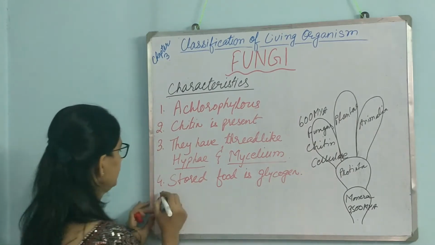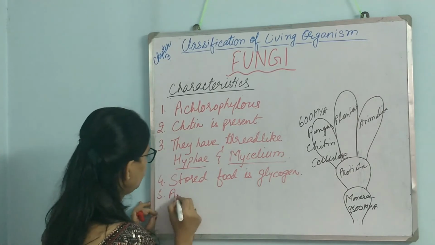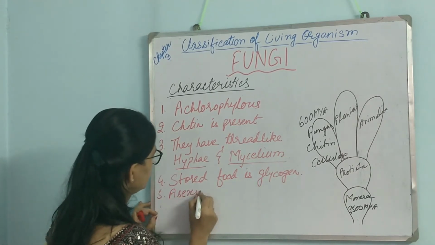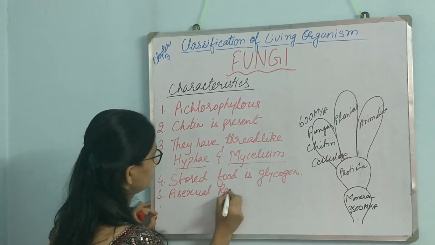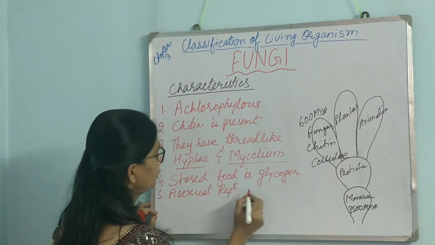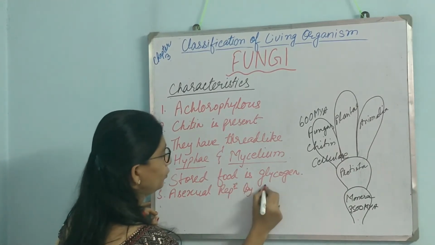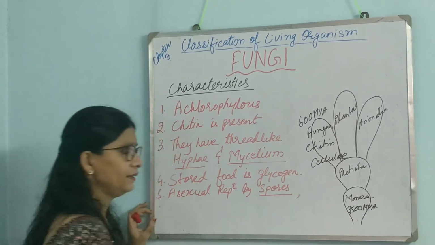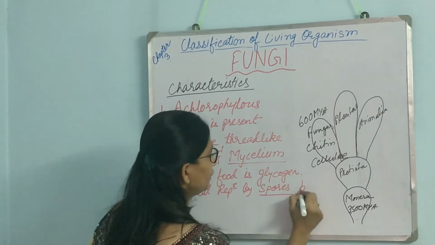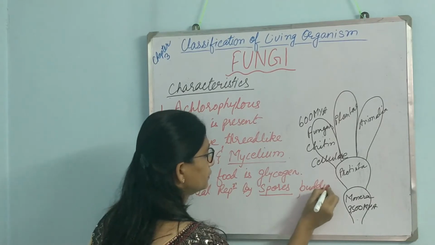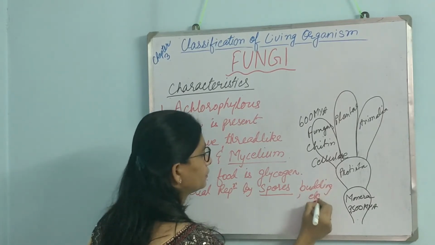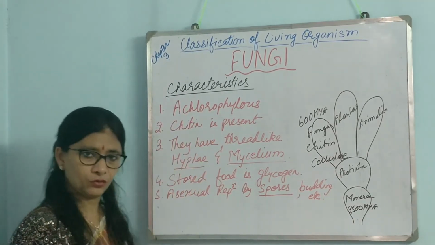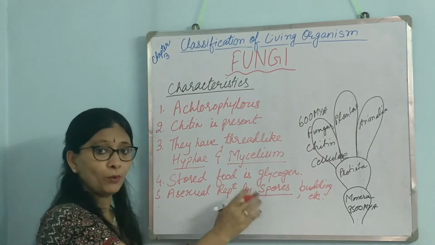Then asexual reproduction by spores, most important. Then they have budding, fragmentation, everything is there. Whatever is there in asexual reproduction is present, but the most important is spores.